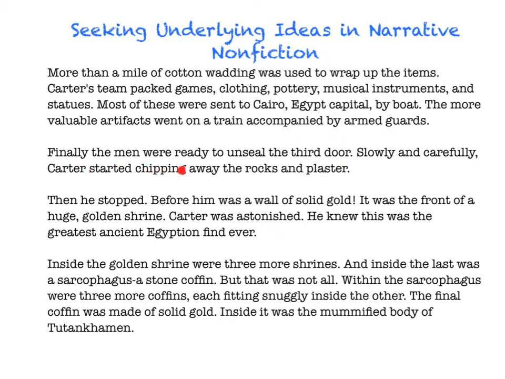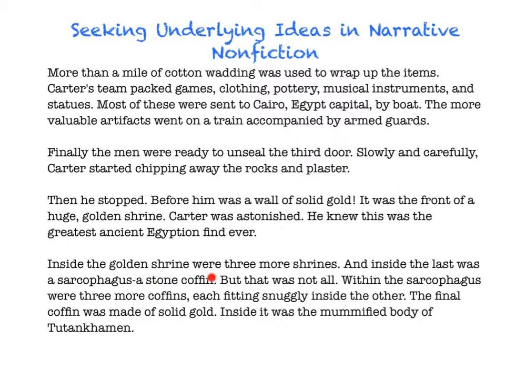Finally, the men were ready to unseal the third door. Slowly and carefully, Carter started chipping away the rocks and plaster. Then he stopped. Before him was a wall of solid gold. It was the front of a huge golden shrine. Carter was astonished. He knew this was the greatest ancient Egyptian find ever.